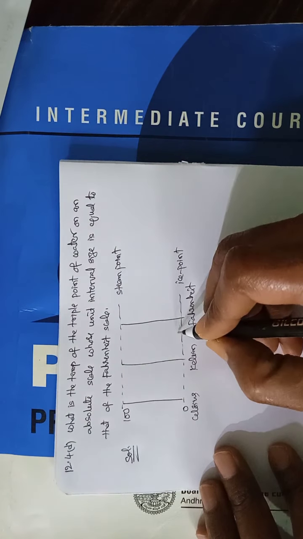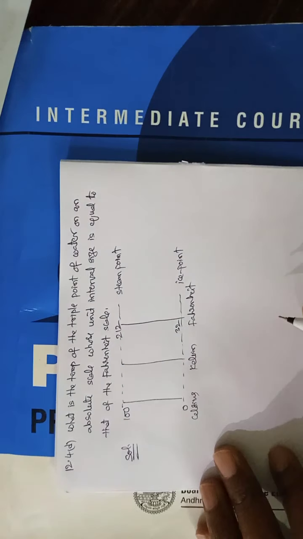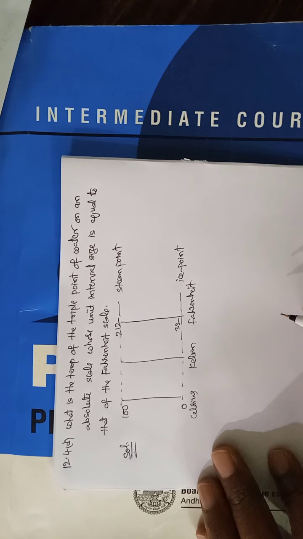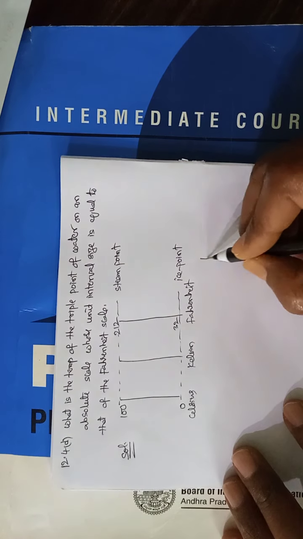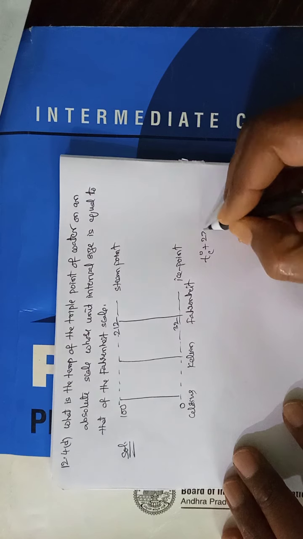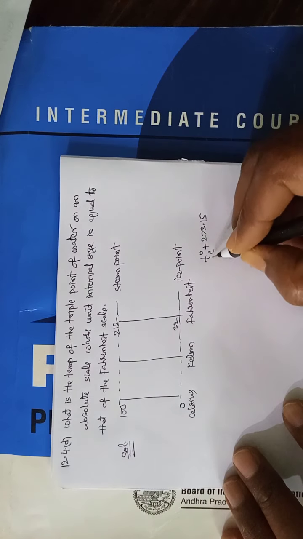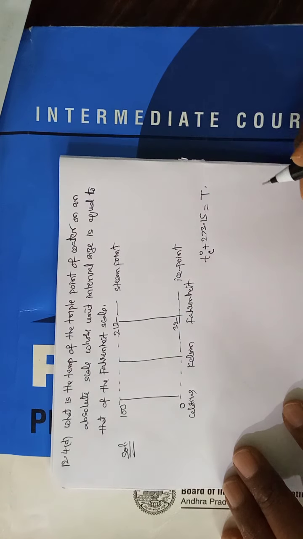For Fahrenheit it is 32 and here it is 212. And for Kelvin, you know very well, by adding 273.15 to Celsius temperature you get Kelvin temperature.